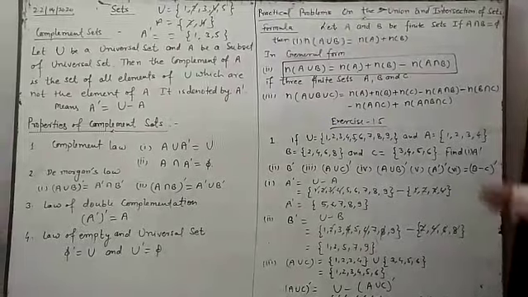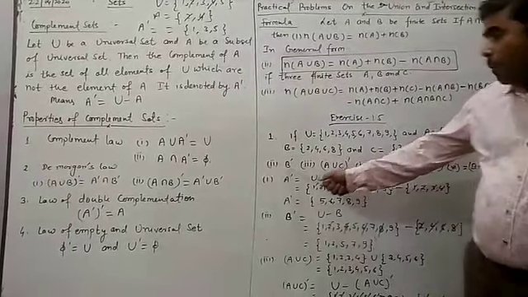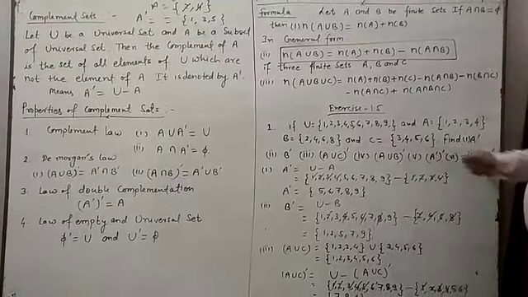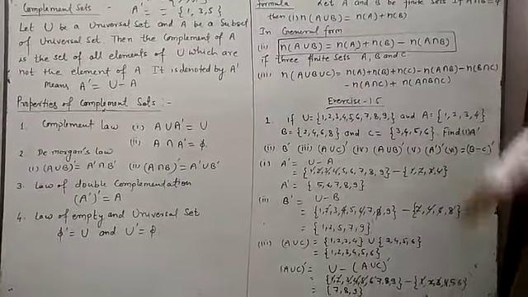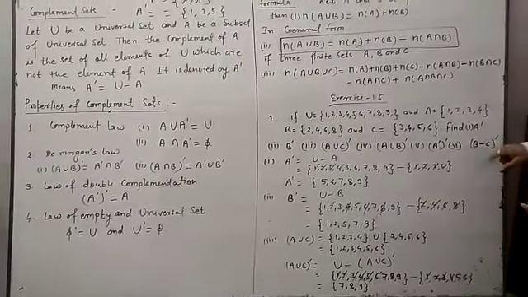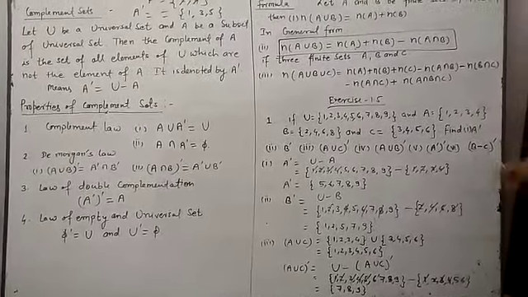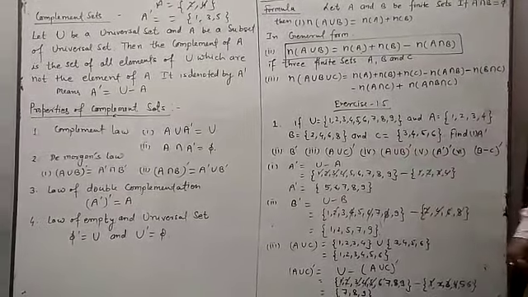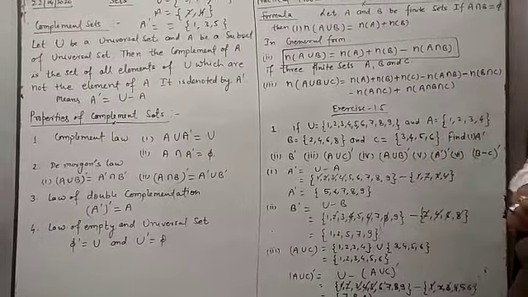Find the complement of A, the complement of B, the complement of A union C, the complement of A union B, the complement of the complement of set A, and the complement of B minus C. Now I only have to solve two or three problems, and the rest are the same.